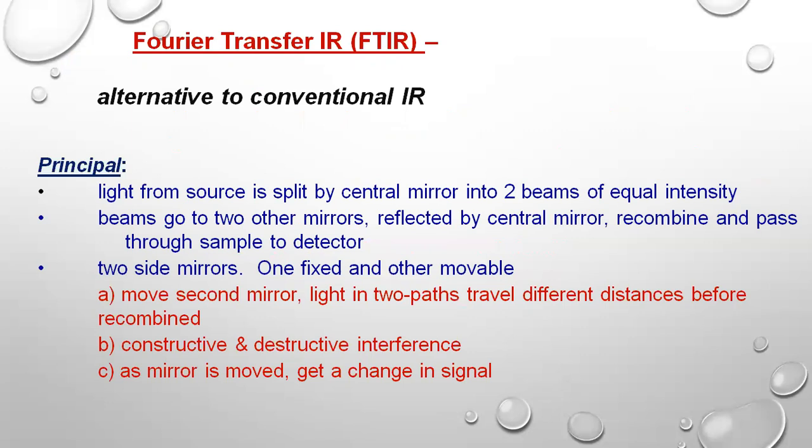Fourier transform IR is based on the principle of splitting of light, or we can simply say that the beams go to two other mirrors, are reflected by the central mirror, and recombine and pass through the sample to the detector. There are two side mirrors, one fixed and the other movable.